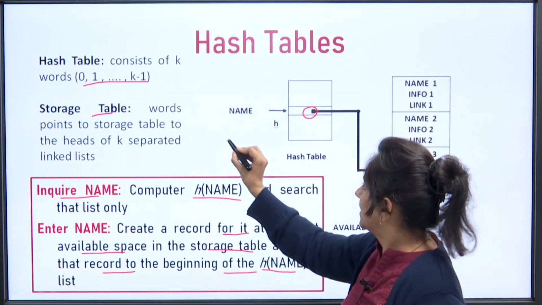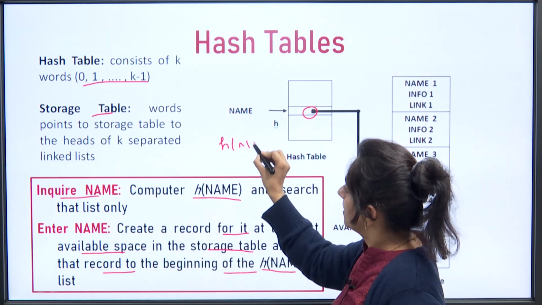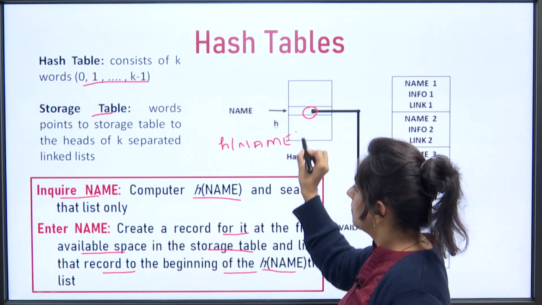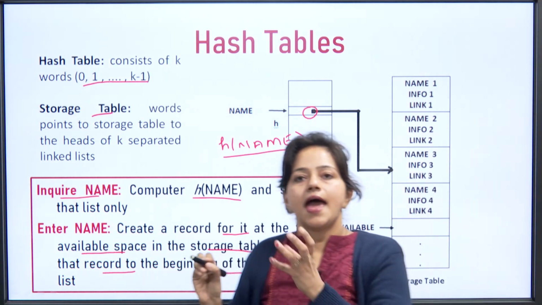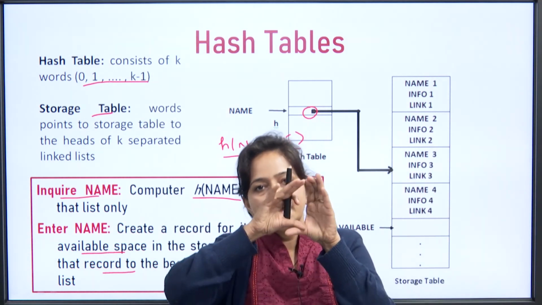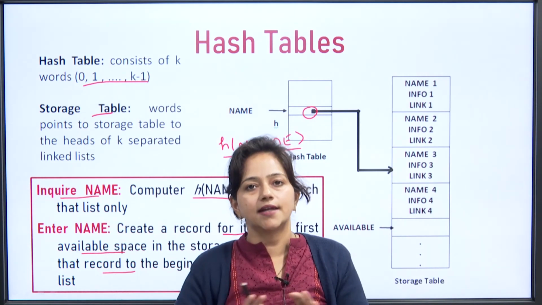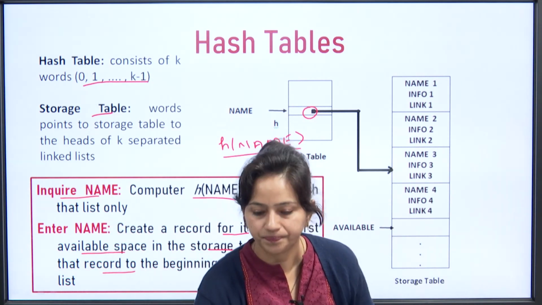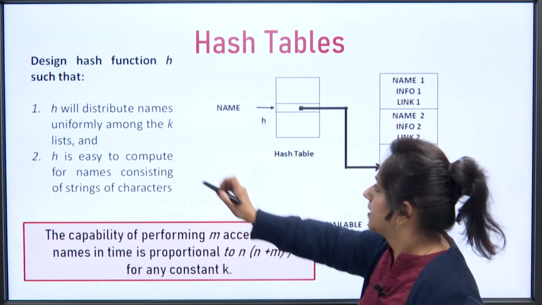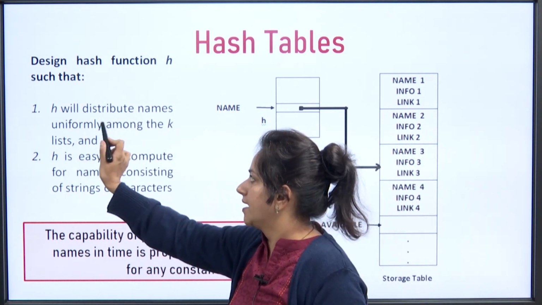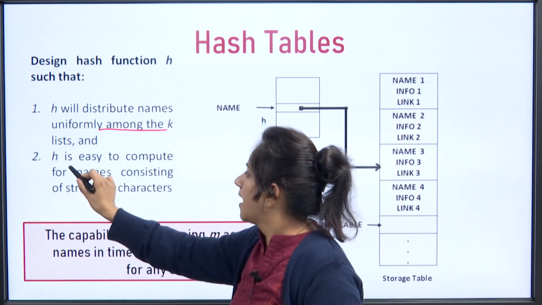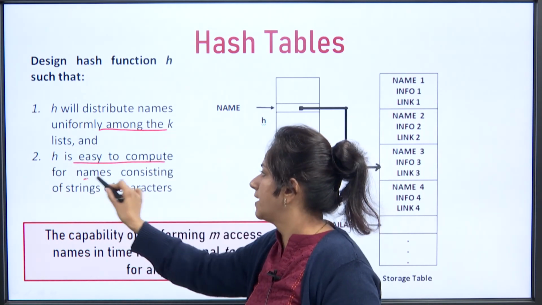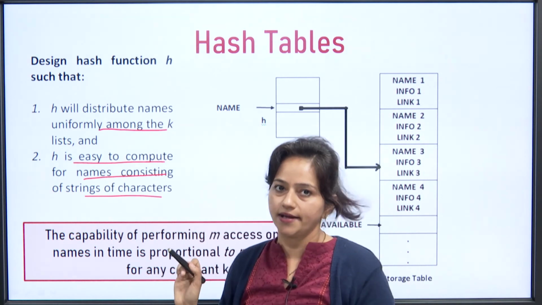So every time we will calculate H of name and find the value, we will go to that particular list and then in that list either the name will be searched or it will be added at the beginning of that list. Here the design criteria is H will distribute names uniformly, and H should be easy to compute for names consisting of strings of characters.